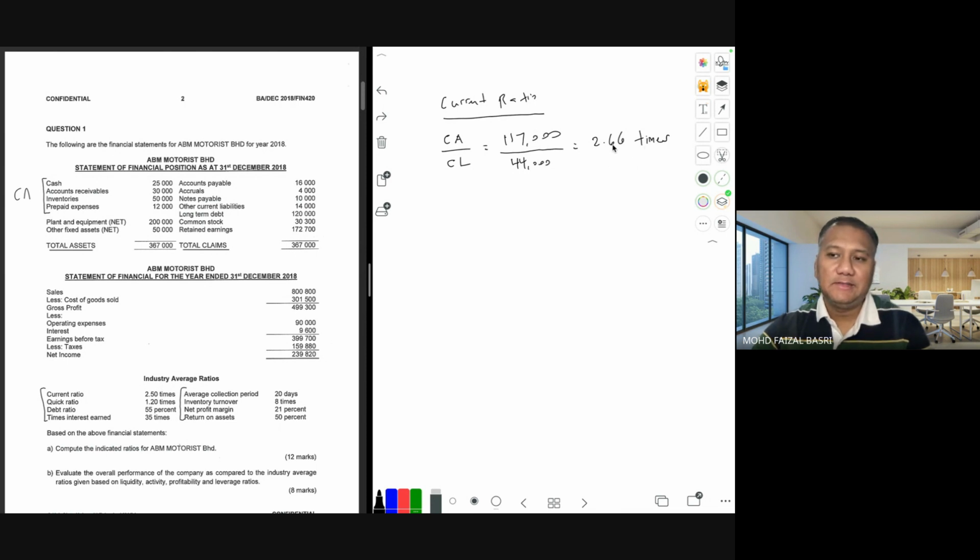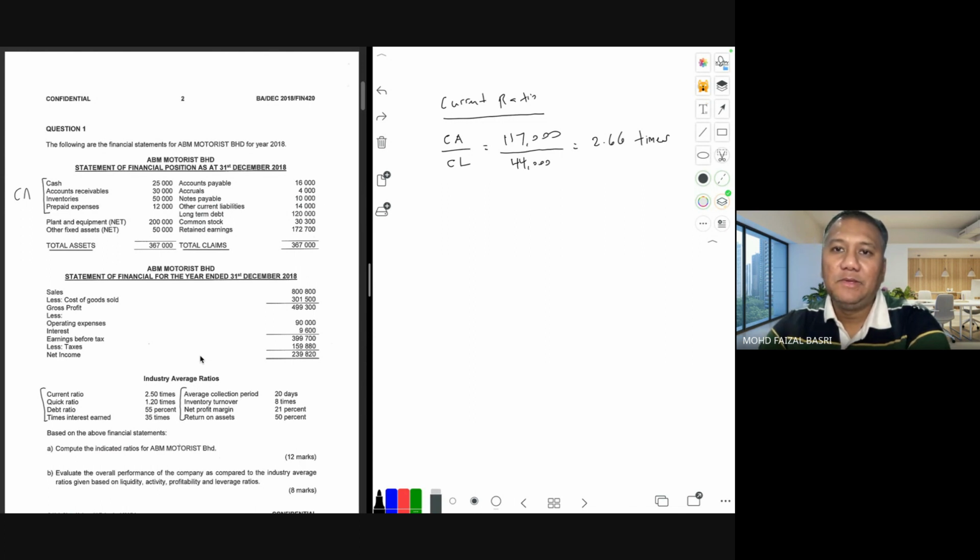So which indicates ABM Mortuaries current ratio is better as compared to the current ratio of the industry. So we can comment that ABM Mortuaries current ratio is better than the industry average, and it shows that the company can pay its short-term obligations on time.